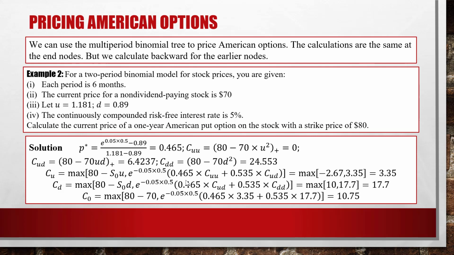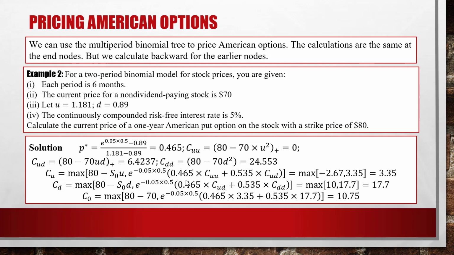So we get 80 minus 70 times U squared, take the positive part, and we get 0 as CUU. Similarly, CUD is 80 minus 70 times UD, positive part, which is 6.4237, and CDD is the same, 80 minus 70 D squared, positive part, which is 24.553. Now we have the end nodes.